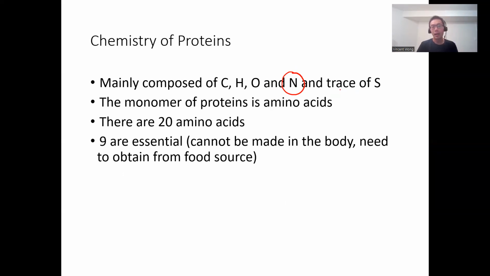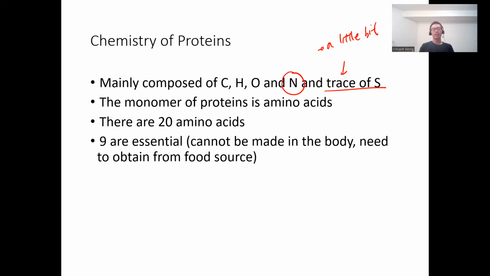And trace of sulfur. Trace means a little bit. And you will see where that comes from later. The monomer of protein is amino acid.